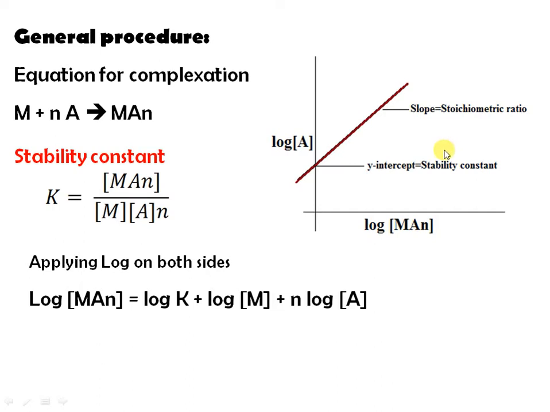This ratio is nothing but the ligand to metal or donor to acceptor ratio, and the y-intercept will give you the stability constant of that complex formation. Okay, this is the general procedure.